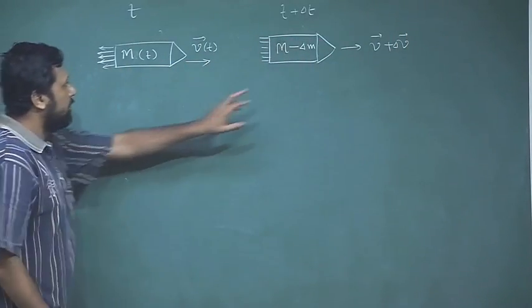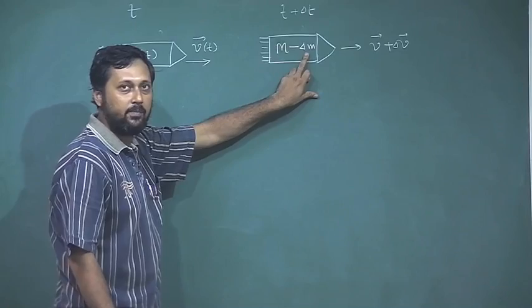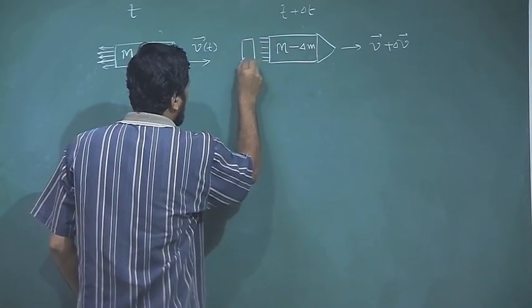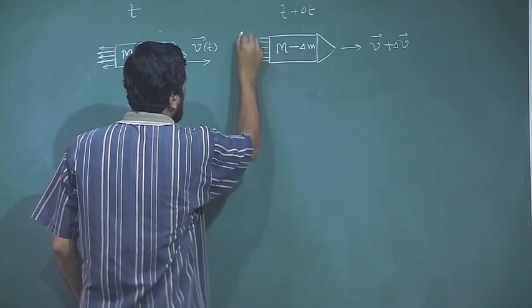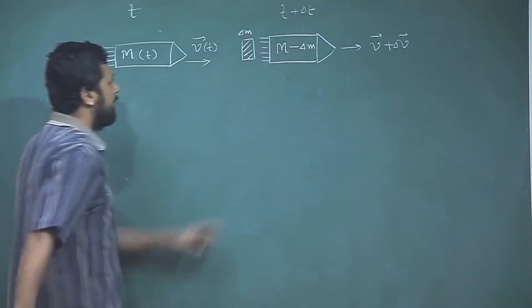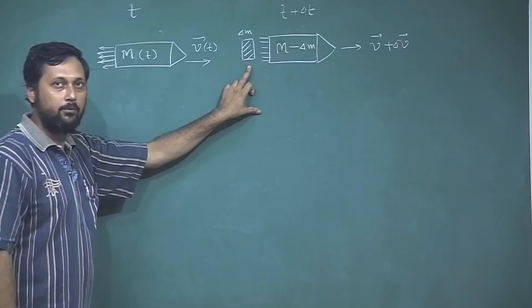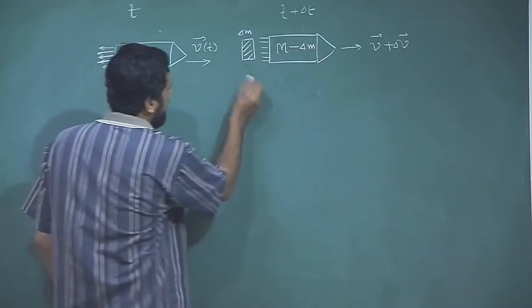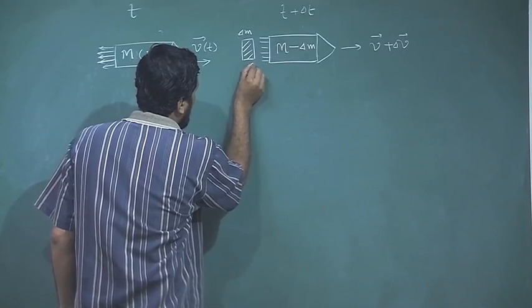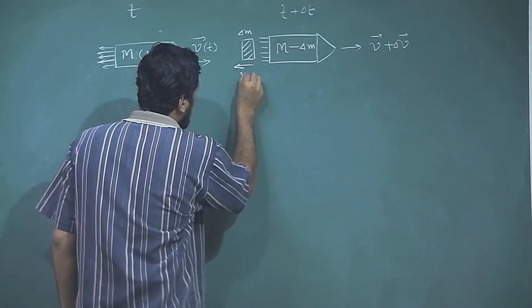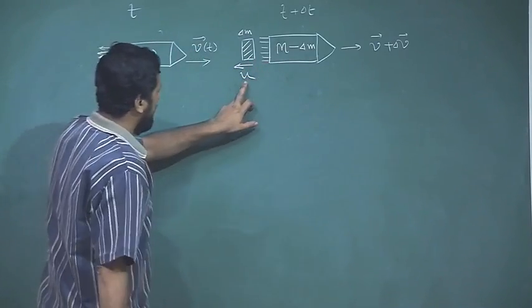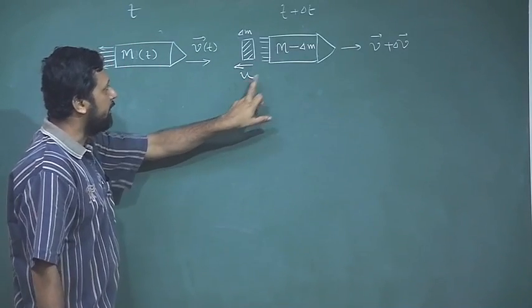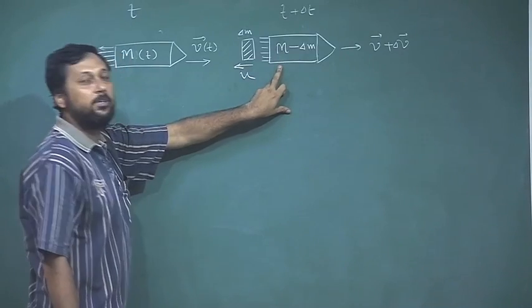Now, what happens to this delta m amount of mass? It is exhausted in the form of a jet of gas, and this leaves the rocket with a relative velocity u, which is measured with respect to the frame of the rocket.